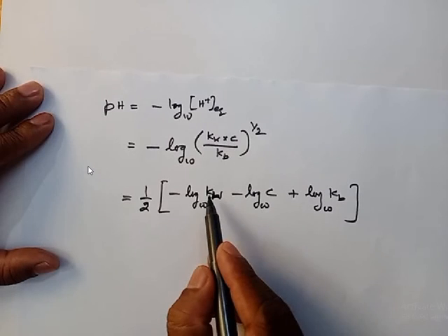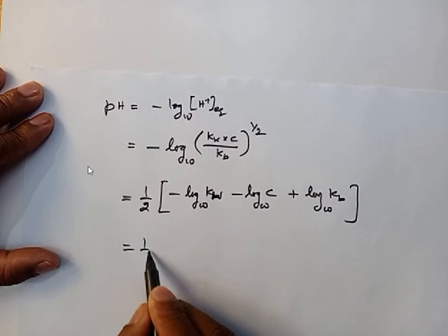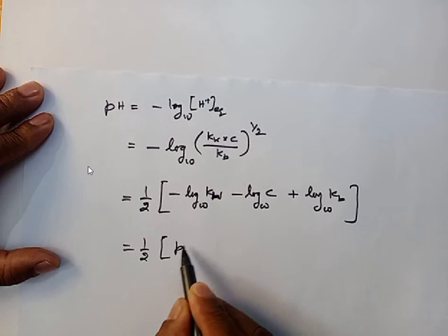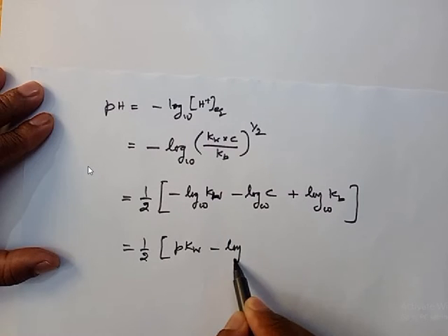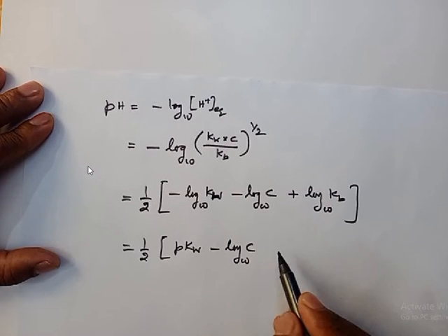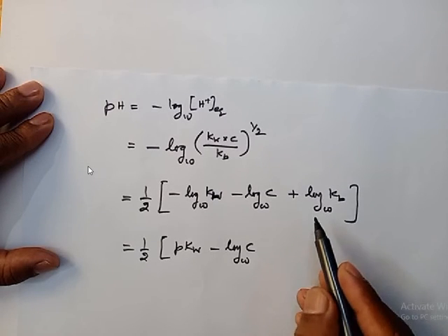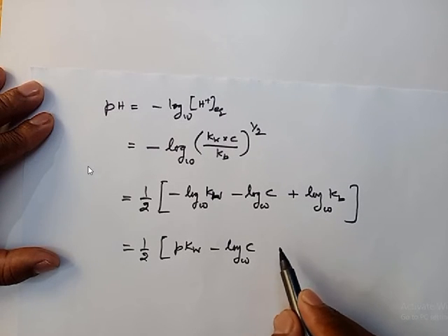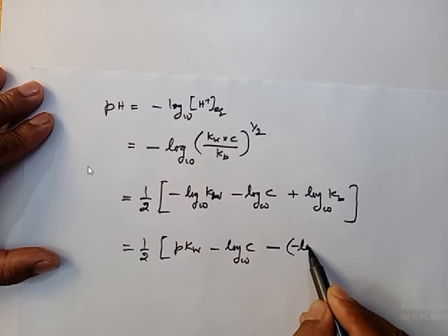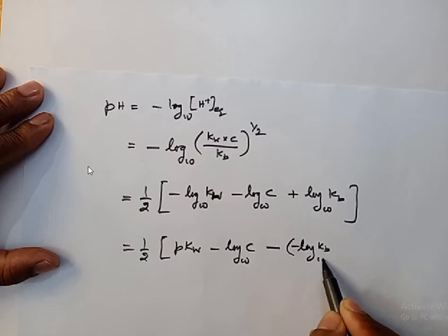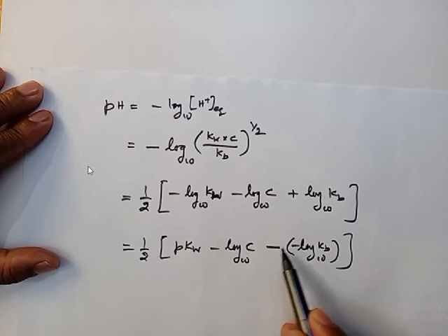Right, what is negative logarithm of Kw is nothing but pKw. So 1 by 2 into, this is nothing but pKw of water, and here we have negative log of C, and here we have plus sign, so I can write this as minus log Kb base 10. If I write like this, nothing is going to change, minus of minus becomes plus only.